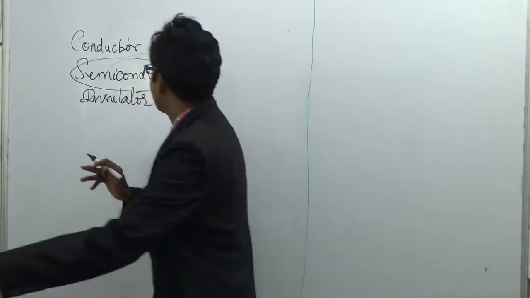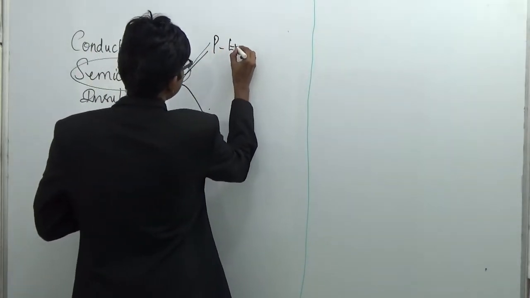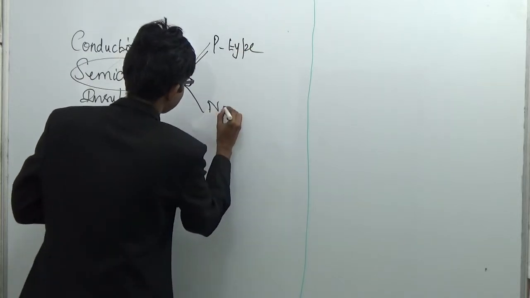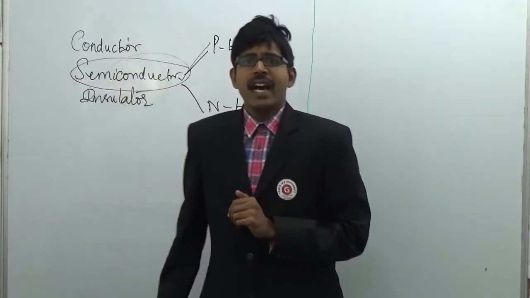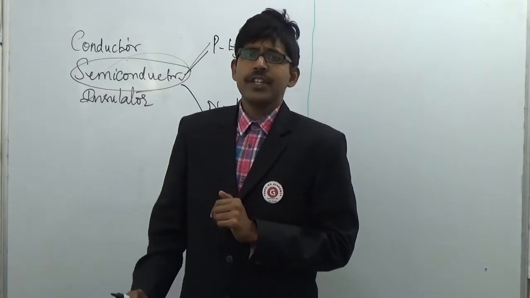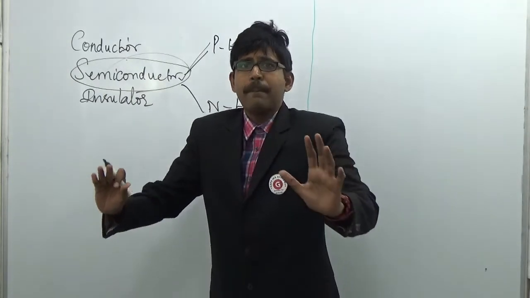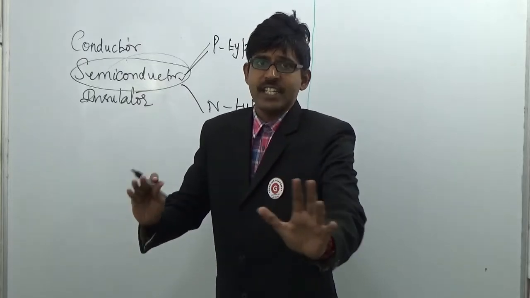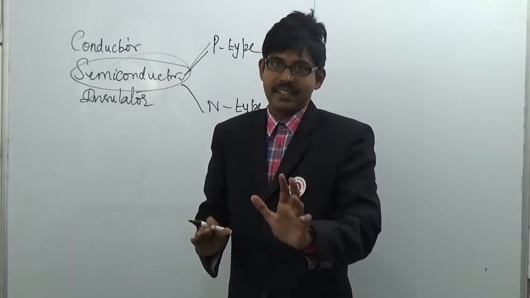Now in this semiconductor we have two divisions, p-type as well as n-type. When you add a huge amount of p-type impurity to a semiconductor, it becomes a p-type semiconductor.